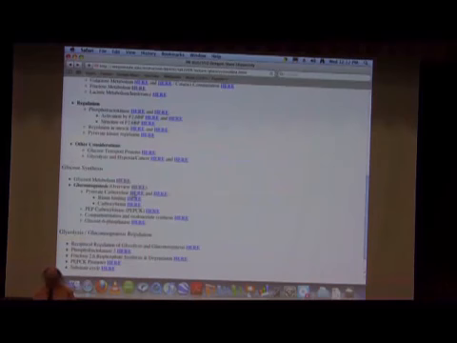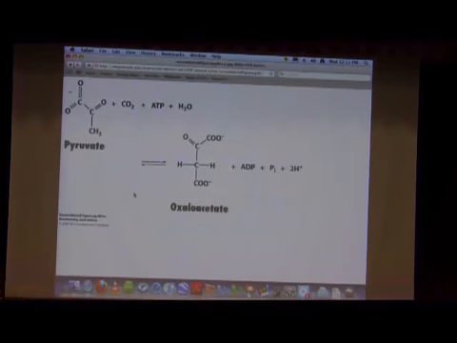Okay, so pyruvate carboxylase. I mentioned it actually earlier in the term. Pyruvate carboxylase is an enzyme that uses biotin, B-I-O-T-I-N, as a coenzyme. And I mentioned at the time that biotin is a coenzyme that we almost always find associated with carrying carbon dioxide so it can be put onto something.